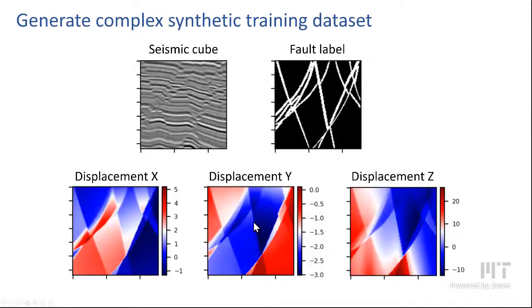So this displacement field keeps a record of the geological deformation of the formations, and it would help us understand the geology, and by training this mapping relationship from the cube to the displacement, this would help us map the horizons and understand the geological history.